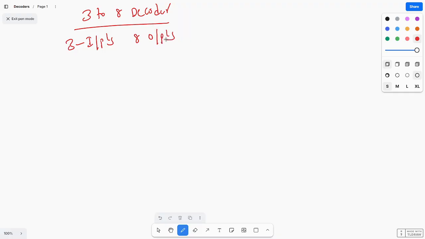One of the outputs will be 1 for each combination of the input. At a time, one of the outputs will be 1. So this is the block diagram.